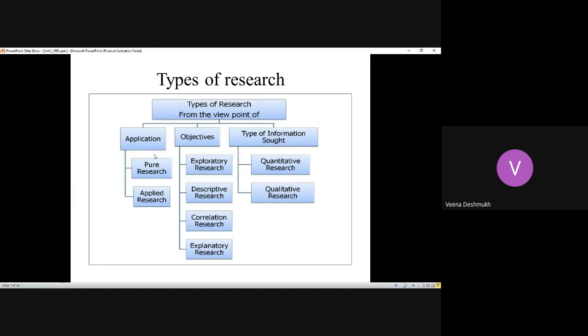Then explanatory research. Explanatory research is something like what social science people try to find out, where they study the behavioral pattern of individuals. What exactly I mean by behavioral pattern is, last time we had COVID. What was the behavior last time? What was the panic level? What was the confidence level? How were the people behaving? Now this time, how are the people behaving?